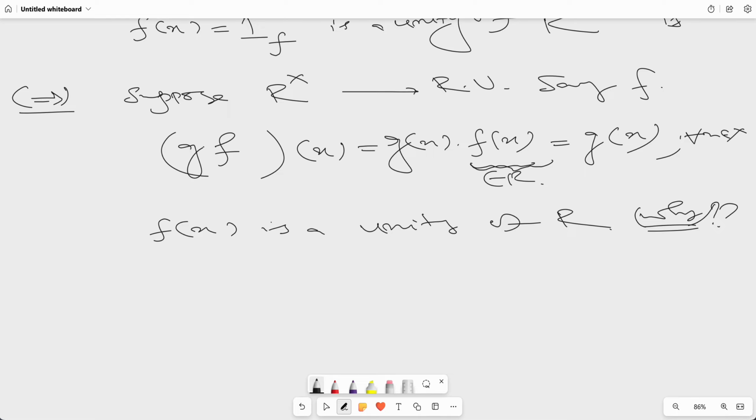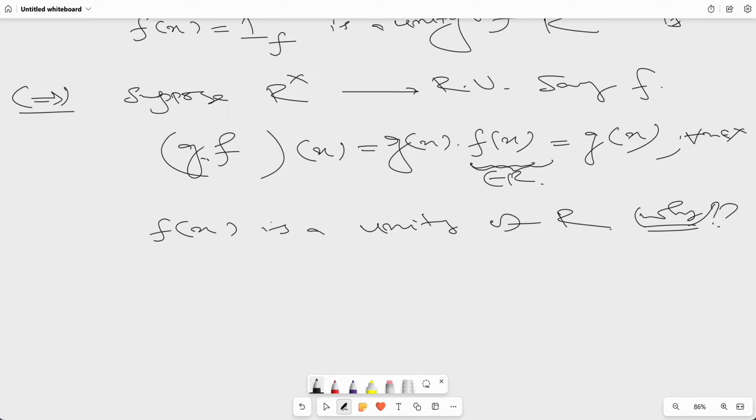For that, I am going to give a concrete argument here. Suppose (g dot f)(x), this is g(x) f(x), equals g(x), because f is the unity.